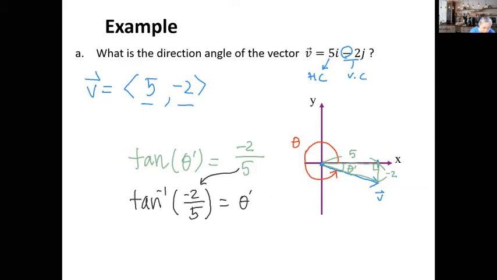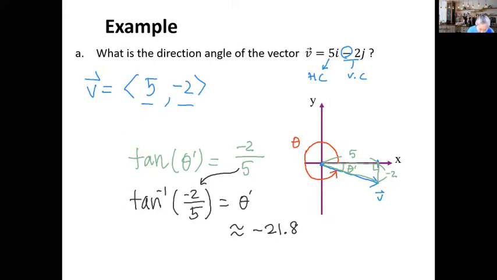If you are using your calculator, you type the second key, tangent key, and -2 over 5, and you're supposed to get an approximation of -21.80140 and so on. So it's going to be rounded to -21.8. It makes sense because this theta prime is supposed to be negative from the right side. So it makes sense, right?